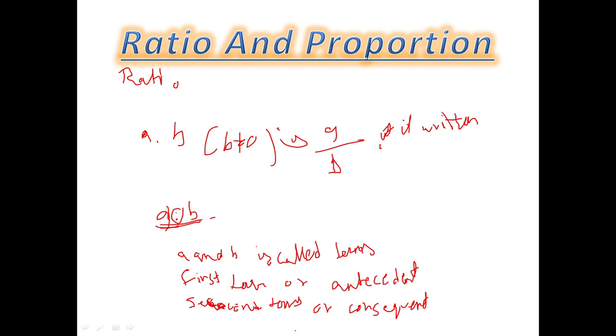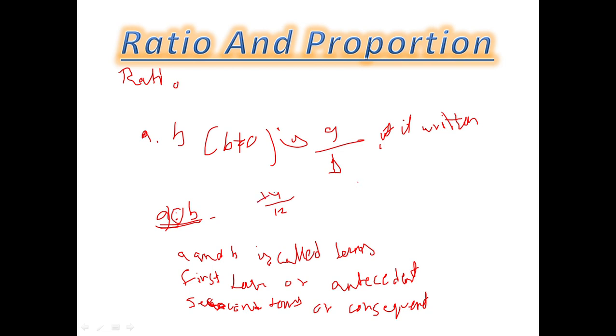The next line says a ratio is usually expressed in its lowest terms, in simplicity. For example, there are 14 mangoes and 12 bananas.